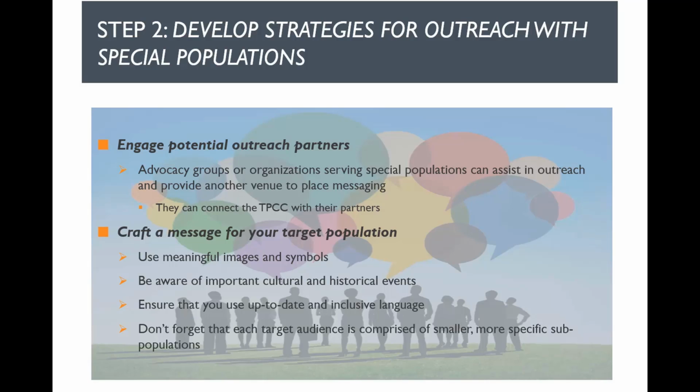Ideal community partners will include advocacy groups, organizations that serve the target population, social organizations, and businesses that are friendly toward the special population you are trying to reach. Endorsement and promotion of local TPCC activities from the community establishes credibility among consumers, helps spread information through natural network ties, and ensures usability and effectiveness of smoking cessation strategies.